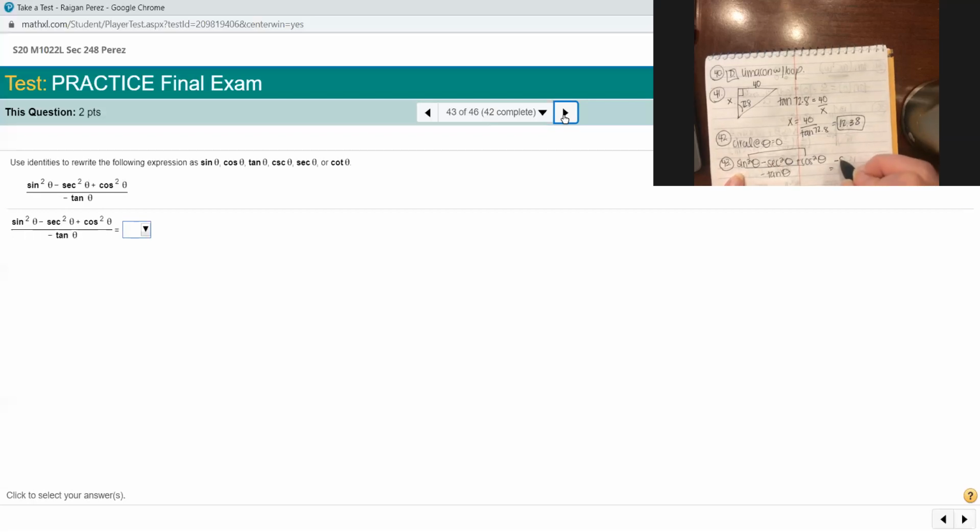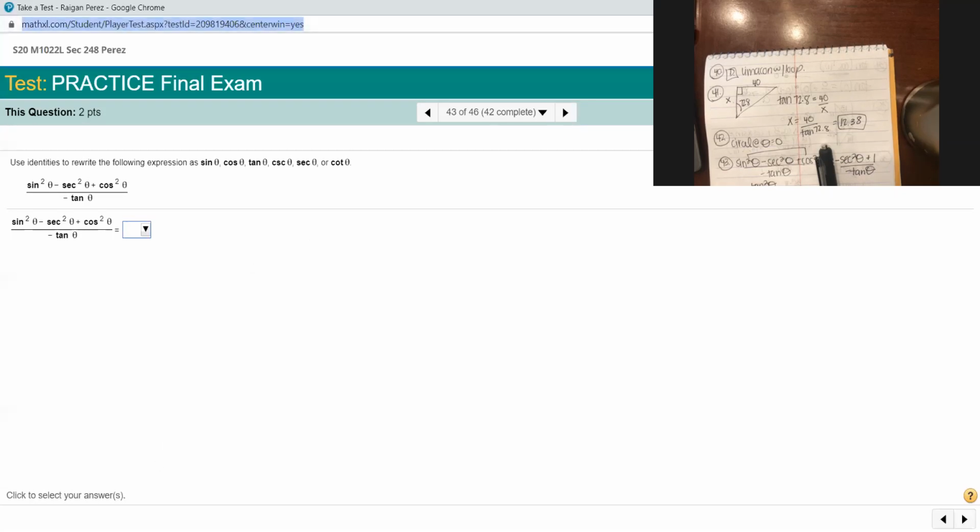So now I have negative secant squared theta plus 1, or the 1 could go in the front, over negative tangent theta. Well, secant squared plus 1 is probably tangent squared theta. I just don't know if it's positive or negative. So let me look that up just real quick.